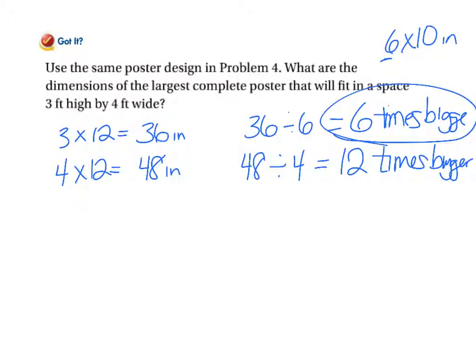So my 6 inches that I have in my design gets to turn into 36 inches on the poster, which means my 10 inches on my design gets to be how big? Do your cross products.